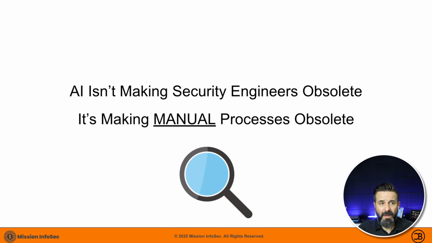So the primary message here is, I don't expect AI-driven development to make security engineers obsolete. I think there's always going to be a place for people who know security and know how to reason about it. I could be wrong about that. I hope I'm not. But I think it is very clearly making manual processes obsolete.